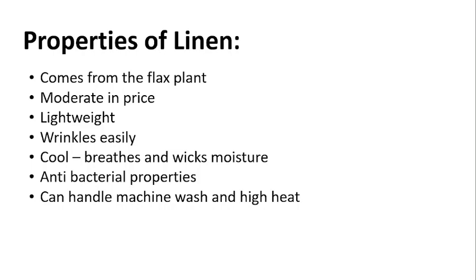It was a very hot climate, but linen breathes and wicks moisture away from the body, which makes it an excellent summer fabric. It has antibacterial properties as well. So it has been shown in labs that a few types of harmful bacteria strains have a very difficult time staying alive on linen. So pretty neat. And it can handle machine wash and high heat.